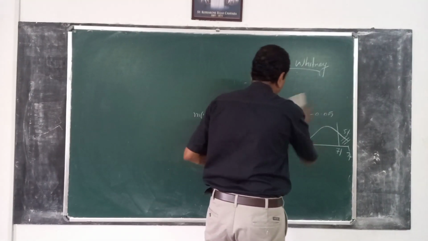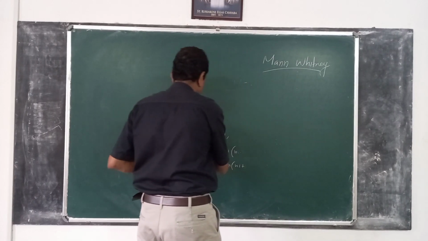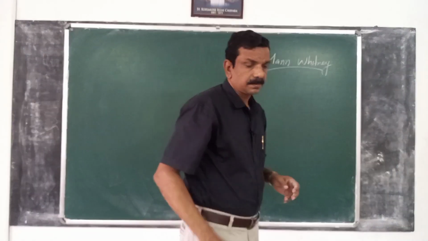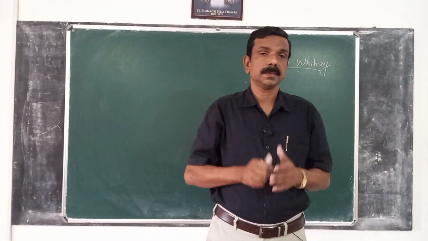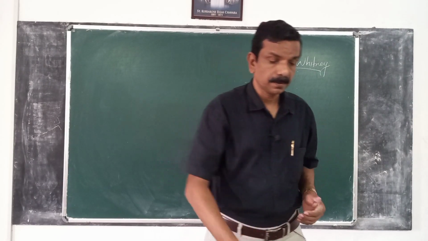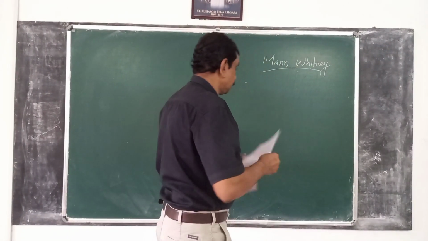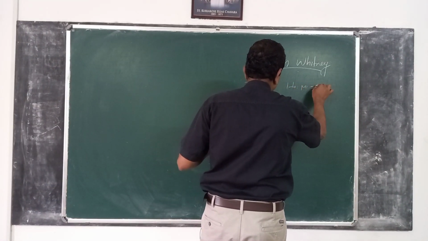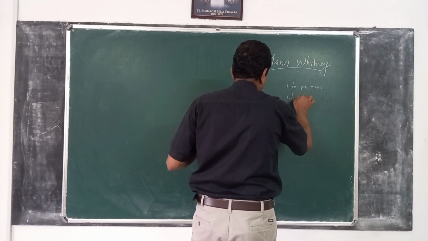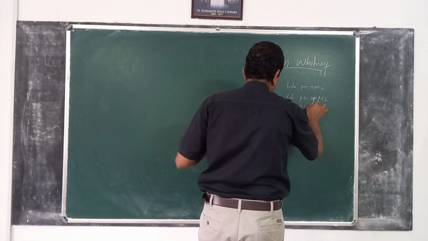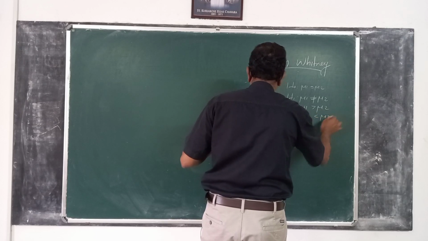Now let me conclude by considering the procedures. It is based on three assumptions: simple random samples, independent samples, and same shape. The first step is to formulate the hypothesis: H0: mu1 is equal to mu2, H1: mu1 is not equal to mu2, mu1 is greater than mu2, or mu1 is less than mu2.